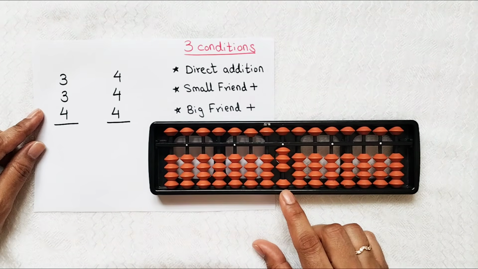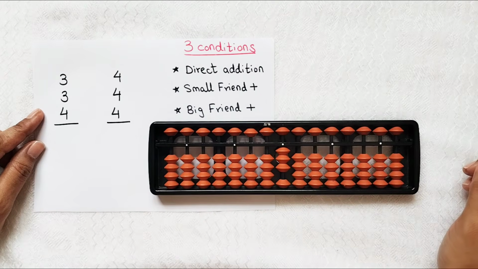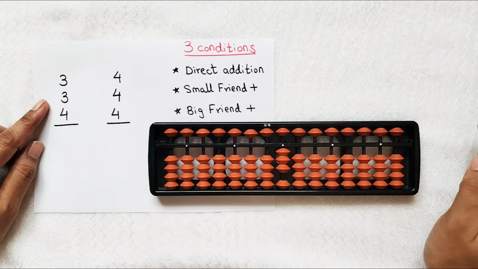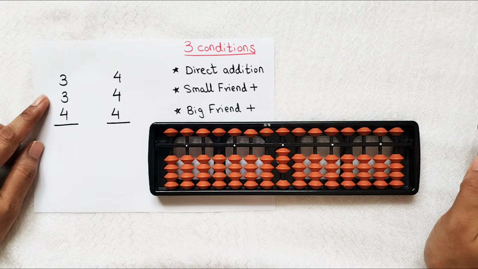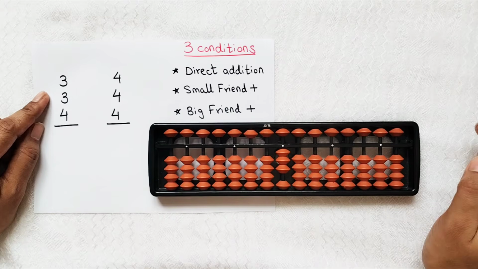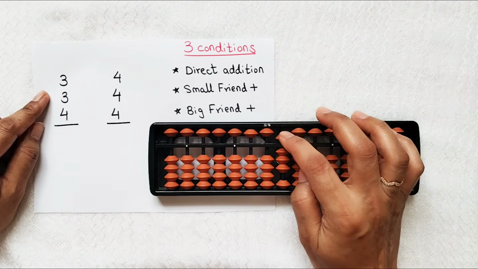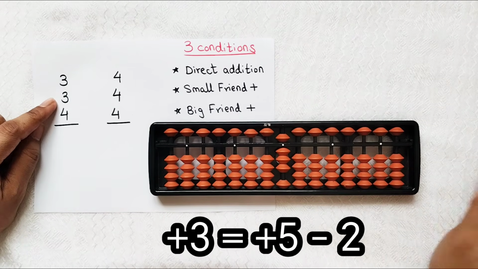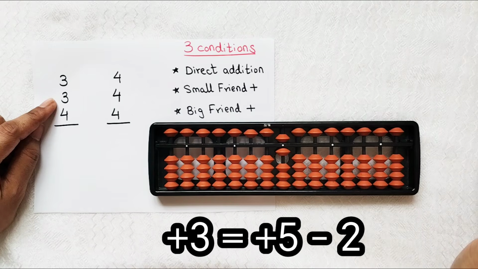Can I use small friend? Yes. I can use 5. So small friend addition of 3. Do you remember the friend of 3? The small friend of 3 is? Correct. It is 2. So we add 5 and less 2.